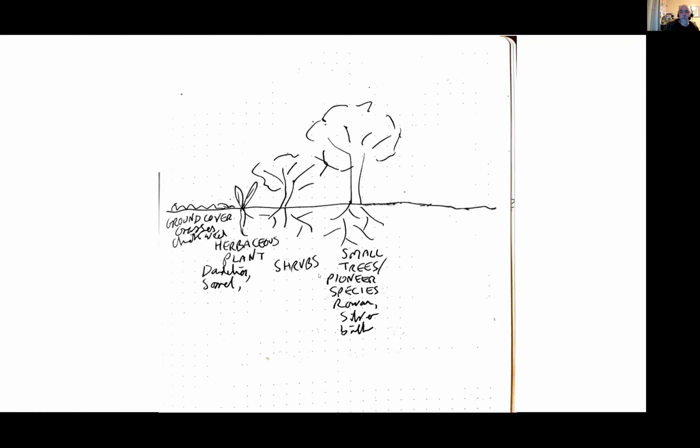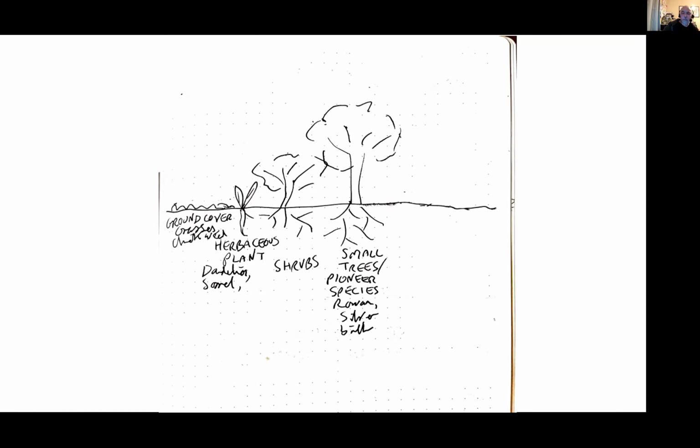And so things like rowan, the mountain ash, silver birch, those coloniser plants, they tend to be small pioneer trees. They don't grow that large, and they tend to be quite short-lived as well. They don't live all that long, and they tend to be softwoods as well.